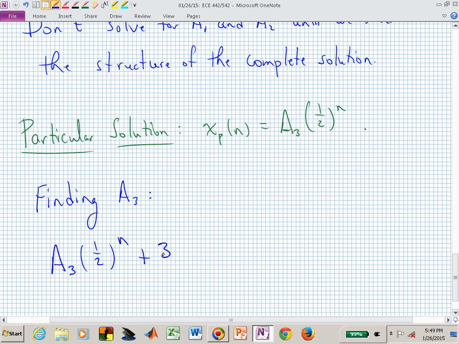Then we add 3 x sub n minus 1. Well, that's a sub 3 still, but now we have 1/2 to the n minus 1, plus 2 a sub 3, 1/2 to the n minus 2, equaling 1/2 to the n.